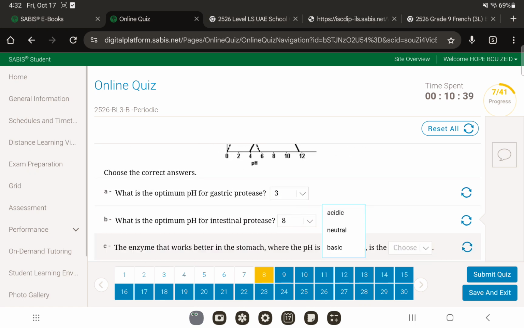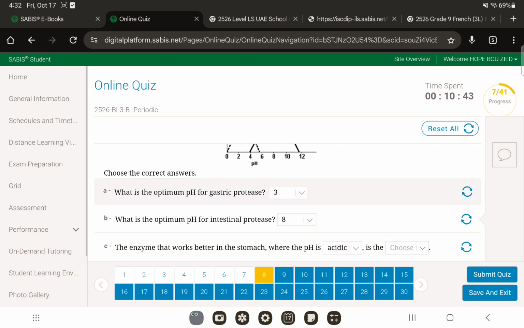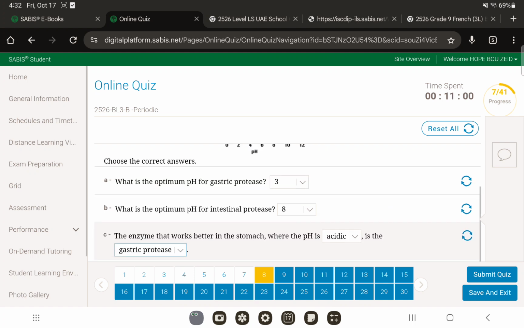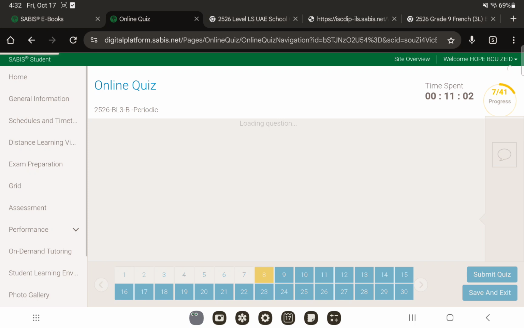So where the pH is acidic, because here gastric protease is 3, and 0 to 6 is acidic, 7 is neutral, and 8 to 14 is basic on the pH scale. So gastric protease. Next question.